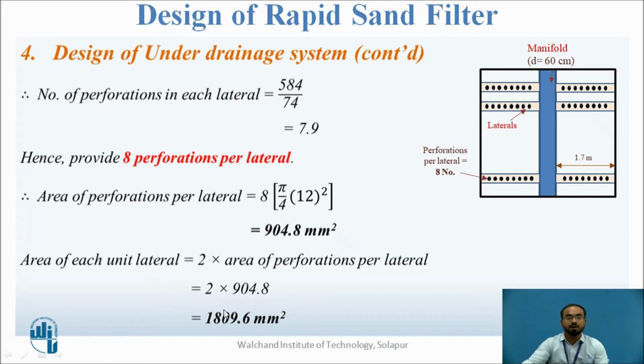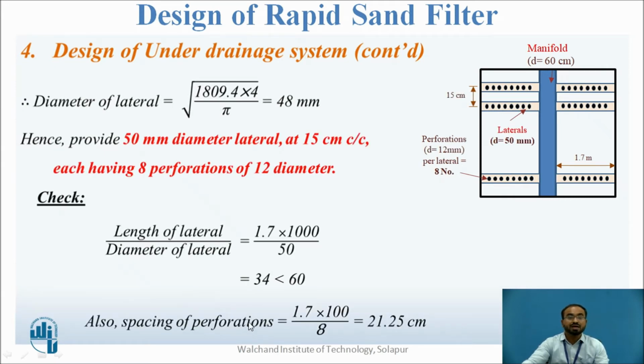So it will be 2 into 904.8, that is 1809.6 mm square. Now to calculate its diameter, the diameter of lateral will be root of 1809.6 multiplied by 4 divided by pi, and it will come to about 48 mm.